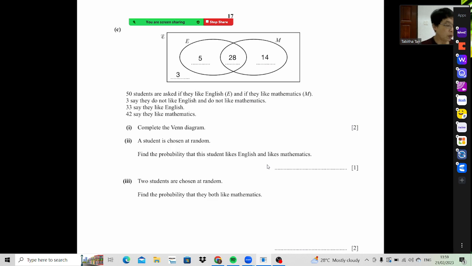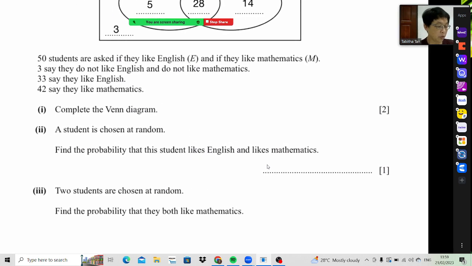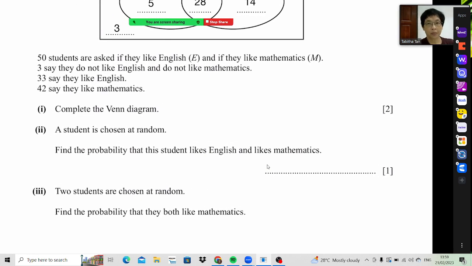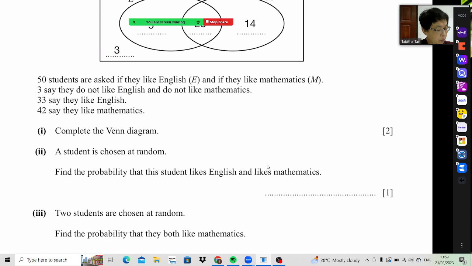Okay, before we move into the detail of the solutions, let's run a quick revision. What is the basic concept of probability? Giving a simple explanation, say for example, we want to get the probability of a student who likes English.